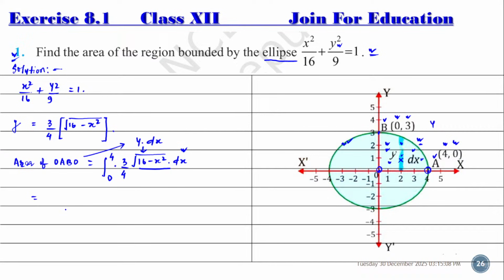Therefore the integration of this one will be 3 by 4 and x by 2 into root of 16 minus x square, plus a square by 2, it means 16 by 2, into sine inverse x by a, it means x by 4, with lower limit 0 and upper limit 4.